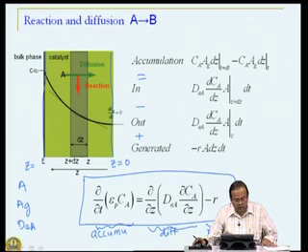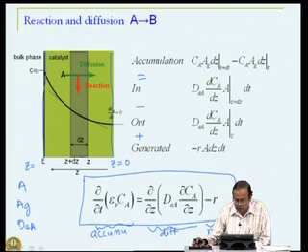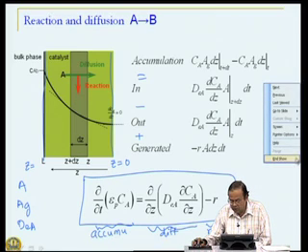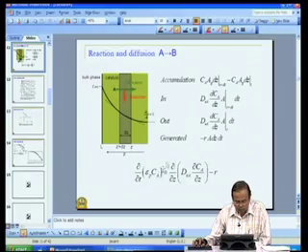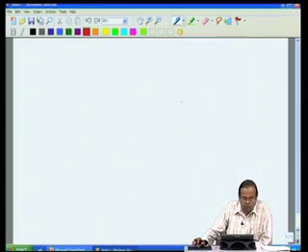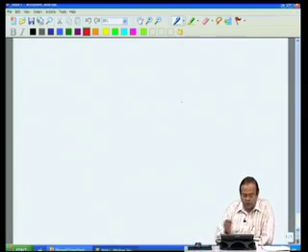So, let us look at the solution of this equation, but let us play a little bit with this equation before we move on to looking at the actual results.